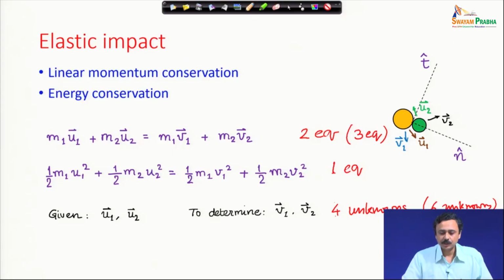In this particular situation, as I mentioned, I will reiterate, we are considering the planar collision problem, but the full 3 dimensional spatial impact problem can be analyzed in a similar manner. It does not make any difference.